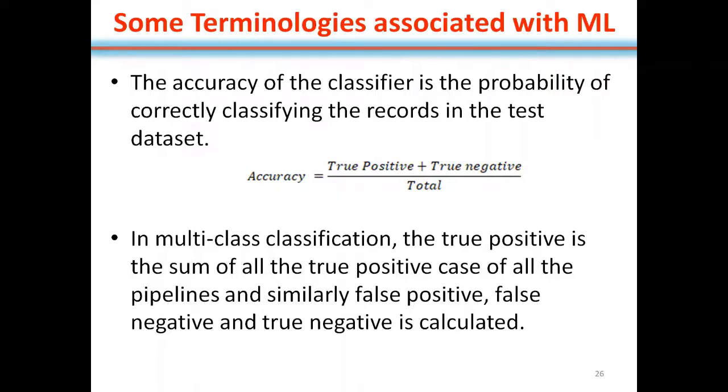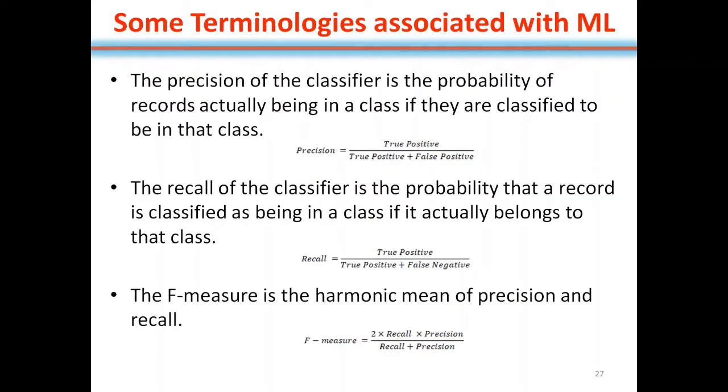The precision of the classifier is the probability of records actually being in a class if they are classified to be in the class. The precision can be calculated as true positive divided by true positive plus false positive. Similarly, the recall of the classifier is the probability that a record is classified as being in a class if it actually belongs to that class.